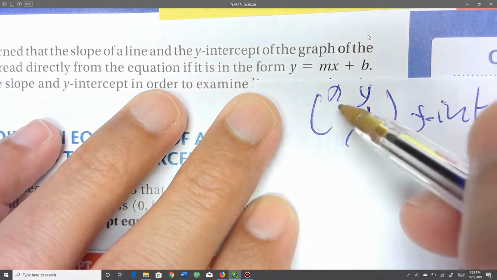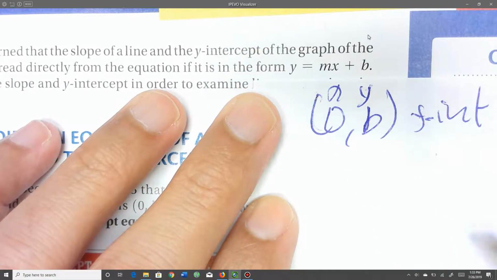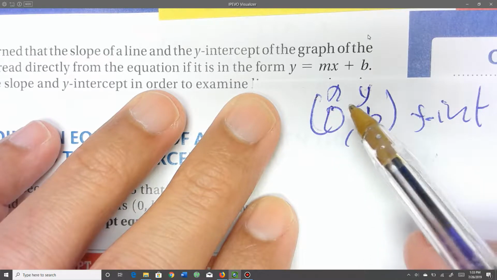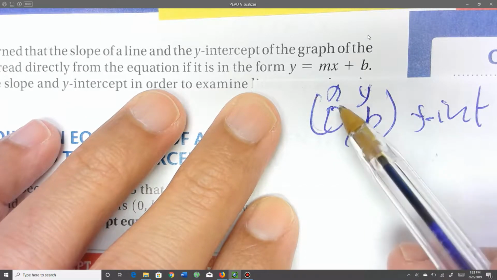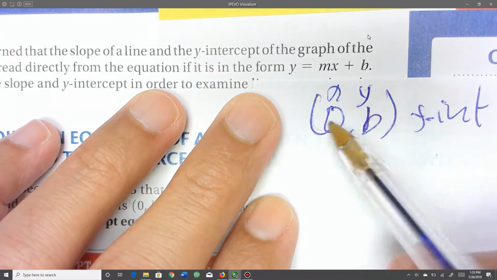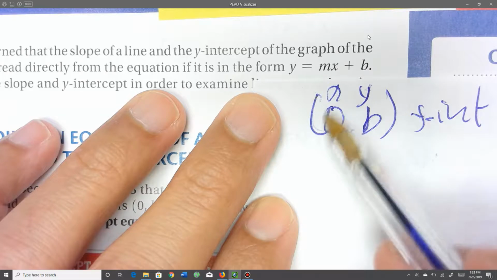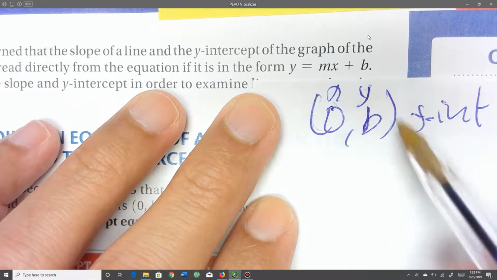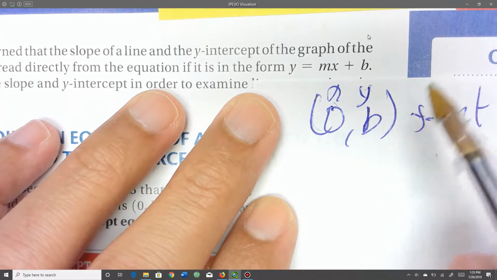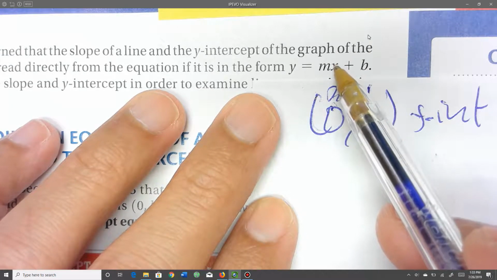Then since you already have practiced this, you should know that the value for x should be 0, and that happens in every single case. For any y-intercept, the x value is 0. So that's how we get the x value for the y-intercept, okay?